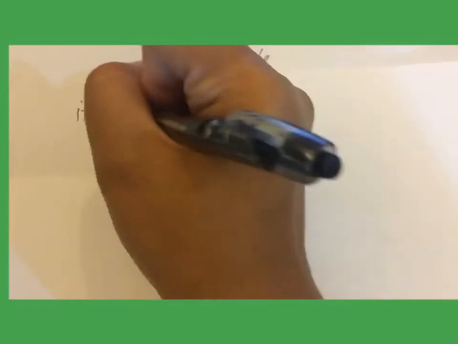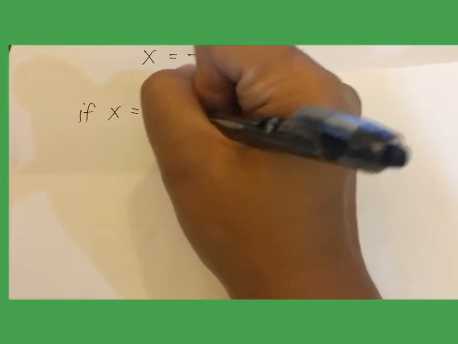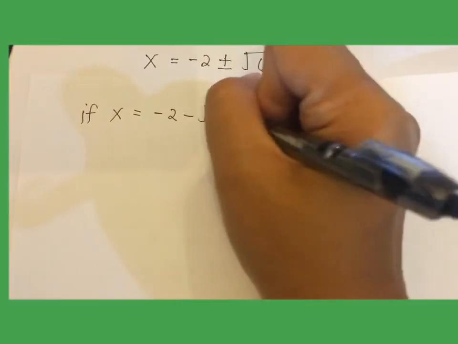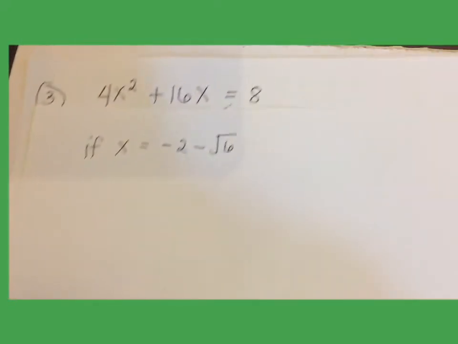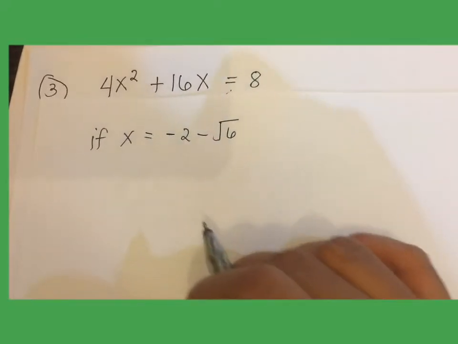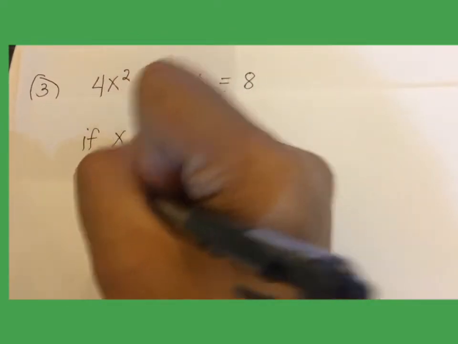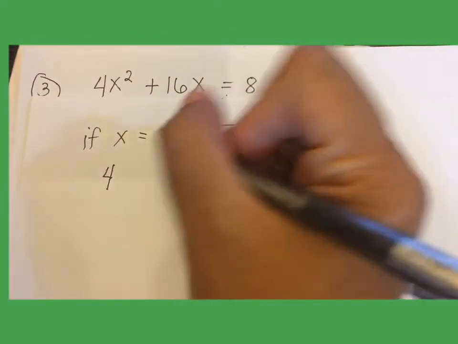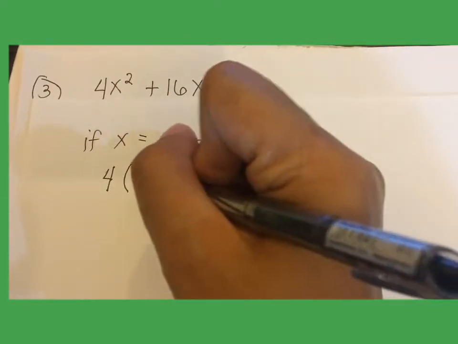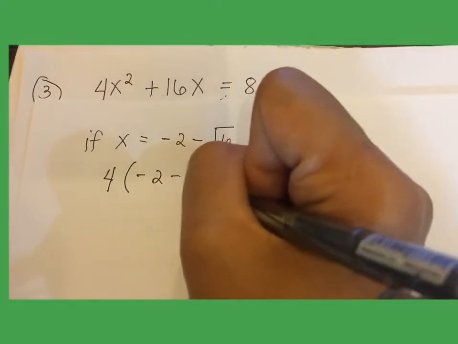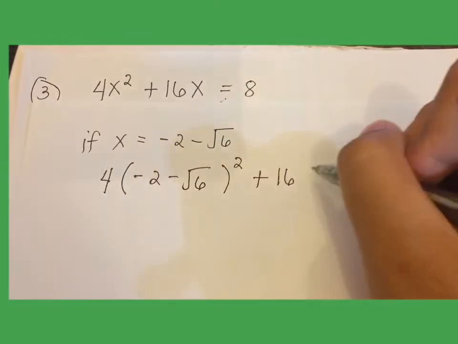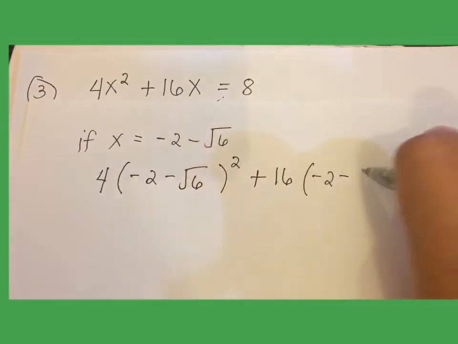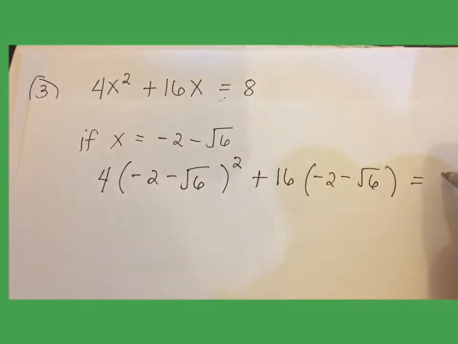So if x is equal to negative 2 minus square root of 6, we're going to substitute it to the equation, which is 4x squared plus 16x equals 8. So 4 times negative 2 minus square root of 6 squared plus 16 times negative 2 minus square root of 6 equals 8.